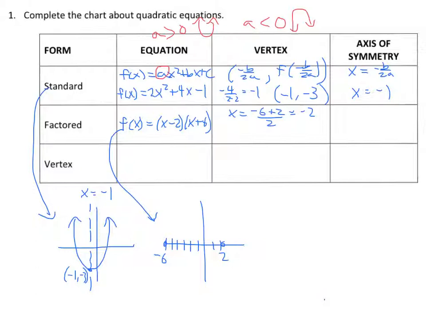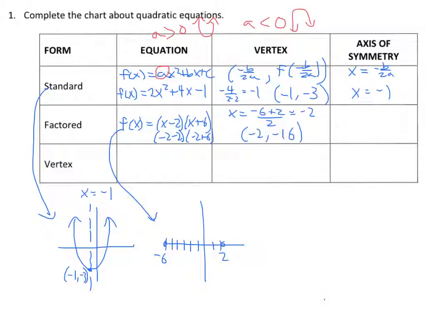Then, just like before, to find the y value, you plug the x value into the function. If we plug negative 2 into the function, we get negative 2 minus 2 times negative 2 plus 6, which would be negative 4 times positive 4, which is negative 16. So the vertex would be negative 2, negative 16.